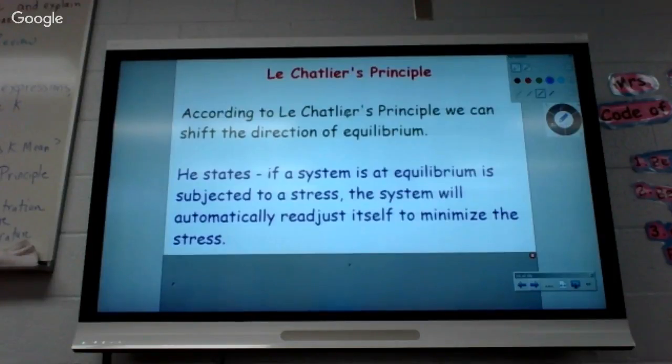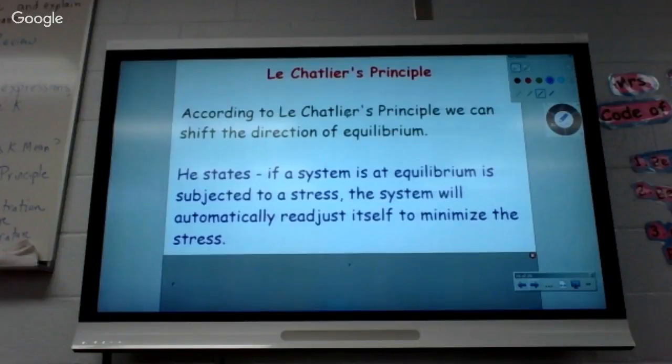All right. So, with Le Chatelier, we have a system. It's at equilibrium. Le Chatelier says if we come in and disturb the equilibrium, it's going to try to get back to equilibrium. So, let's say we increase the temperature on the system. What's going to happen to the water molecules in the system? They're going to move faster. It's going to cause the water to do what? Evaporate faster. Very good.